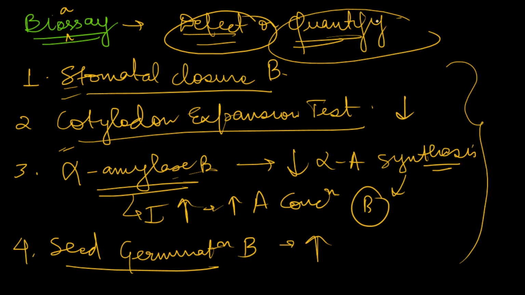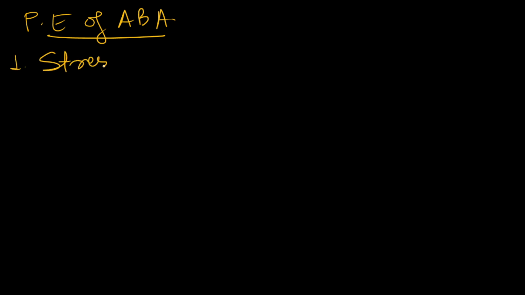Now the fourth part of the question is physiological effects of ABA. First of all, we all know that ABA is known as the stress hormone. In plants under stress, the amount of ABA will be high.